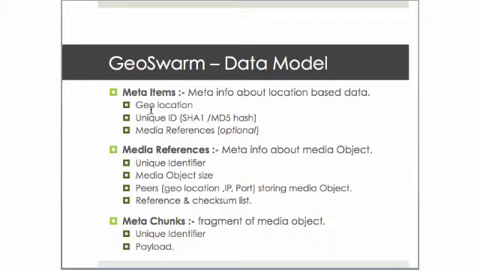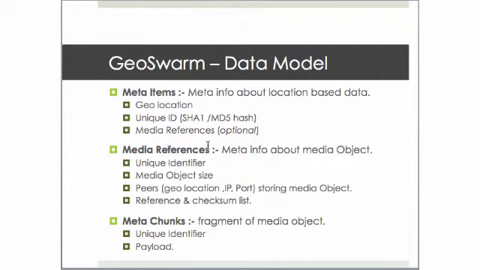So the GeoSwarm system design can first be thought about by talking about the data model, the data structure. It consists of meta items, media references, and media chunks. Now, meta items are the meta information about the location-based data. It consists of the geolocation, which is the latitude and longitude that can be retrieved by the GPS, the unique ID, which is the SHA-1 or MD5 hash, and media references.